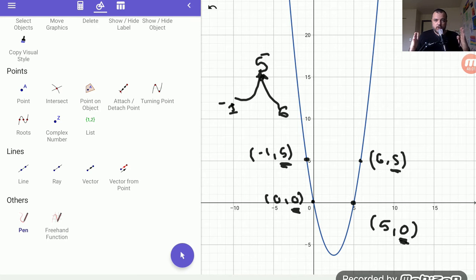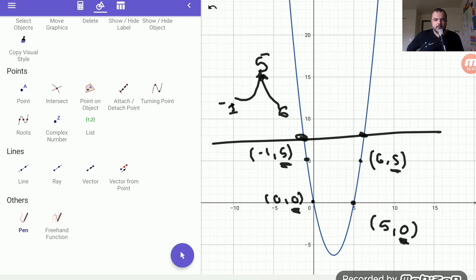This function, is it one-to-one or no? To do this, we perform the horizontal line test, and we check. If the horizontal line passes through more than 1 point, then the function is not one-to-one. Otherwise, it's going to be one-to-one. In this case, just take one of them. One horizontal line is enough. If one horizontal line passes through the function in more than 1 point, it's not one-to-one, period.